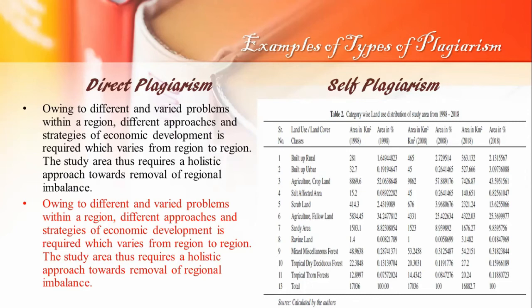On the right side, you are seeing self-plagiarism. Again, as you can see over here, "calculated by the authors." That means in this work of mine, there are other authors besides me.